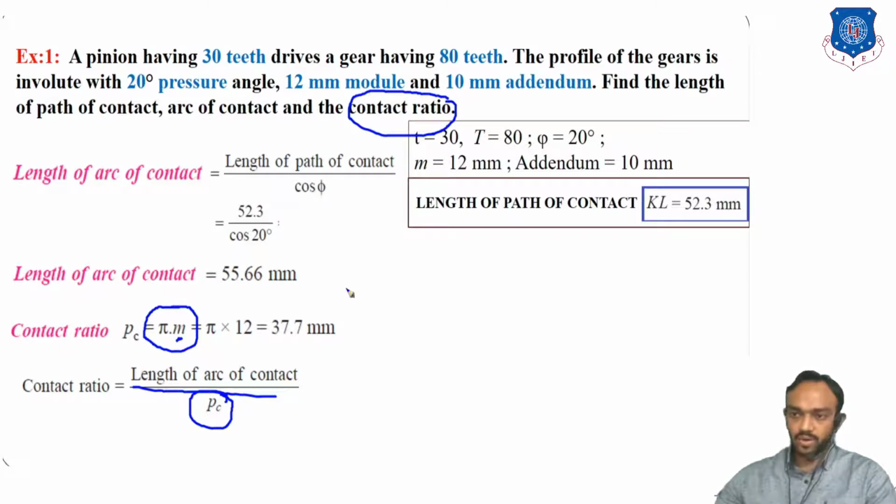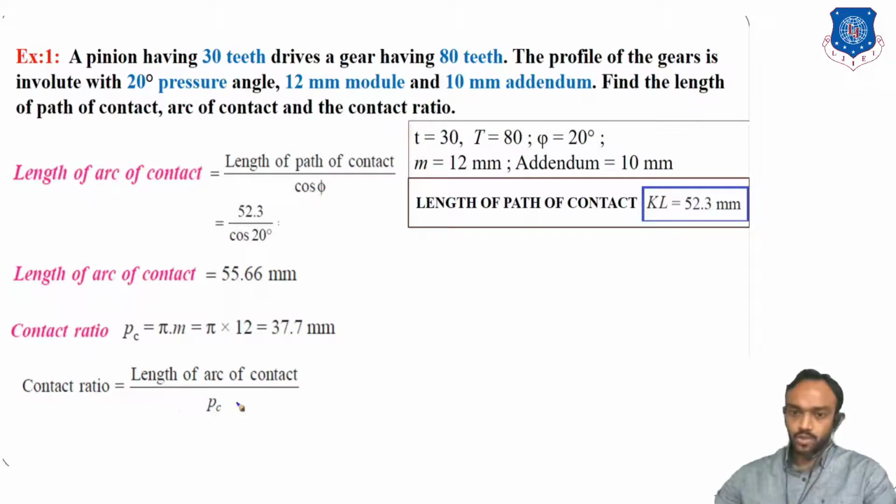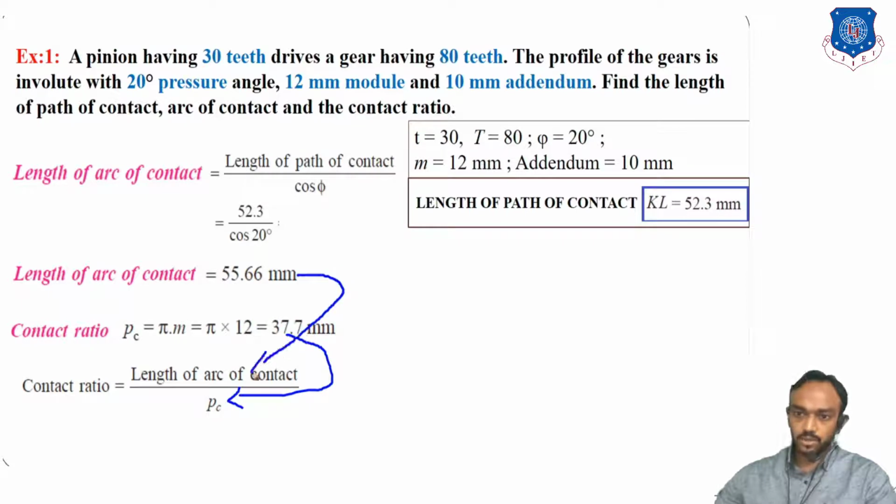M is already given in our data as 12 mm. So Pc is pi into 12, which is 37.7. Now put in the values: the arc of contact we already found, 55.66, divided by 37.7, and the contact ratio is 1.5.